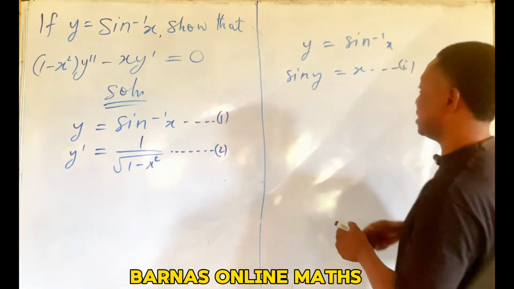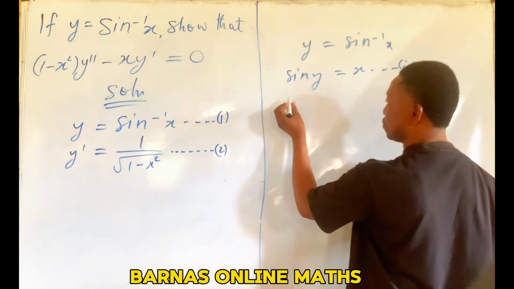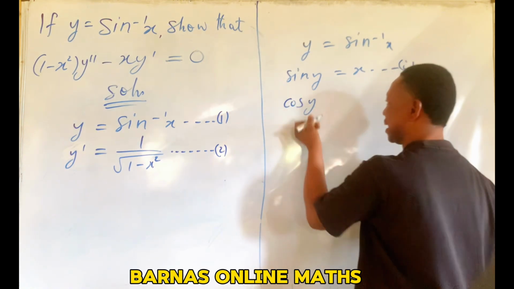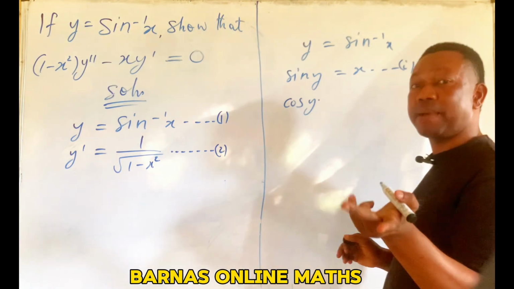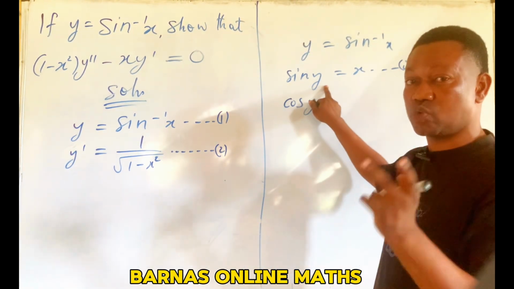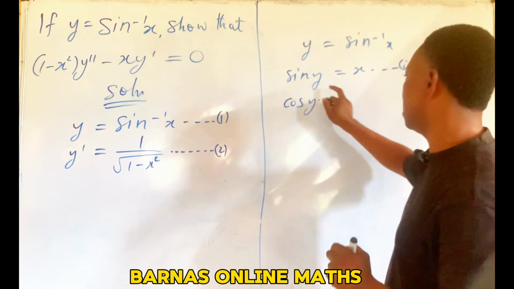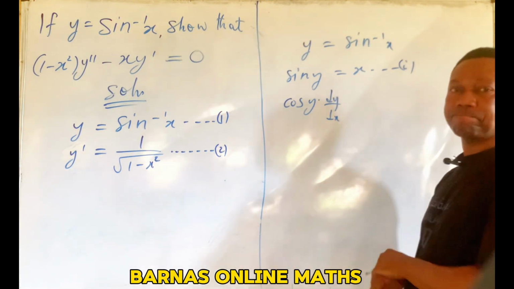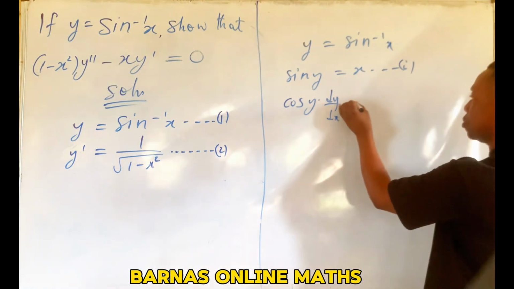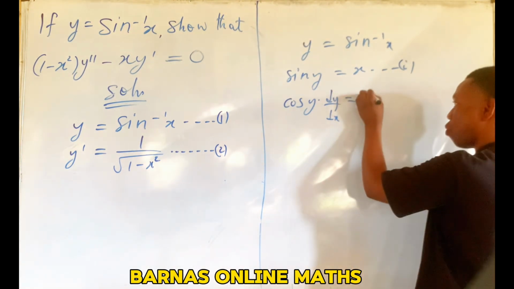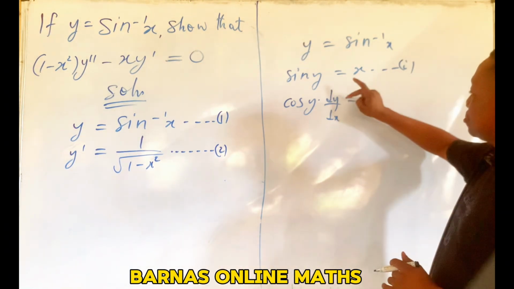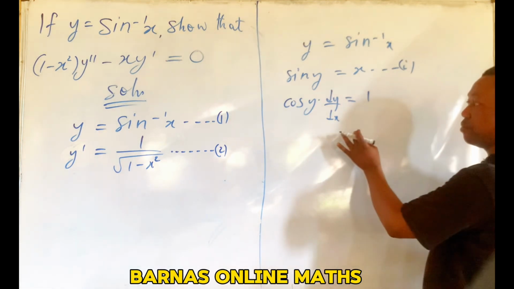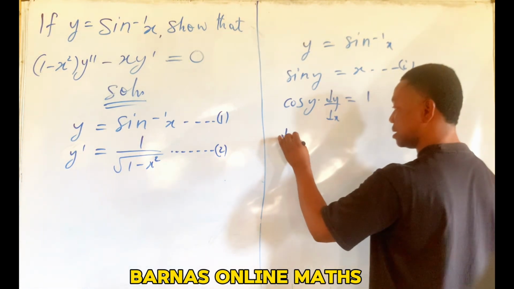Differentiating sine y, we have cos y, times dy/dx. Why are we multiplying by the differential coefficient? Because this is not x, it is y, so we are differentiating implicitly. This equals, differentiating x, 1. Our target here is to make dy/dx the subject of the formula. So we divide both sides by cos y.